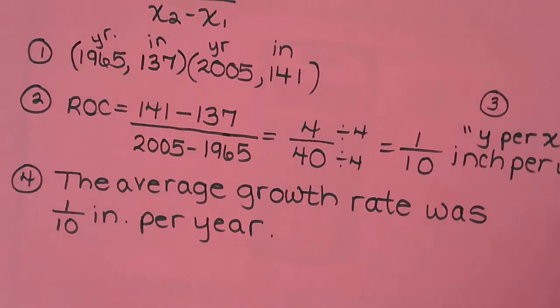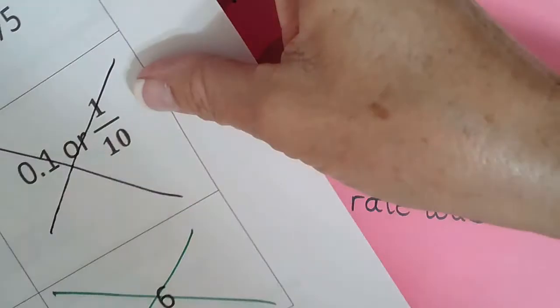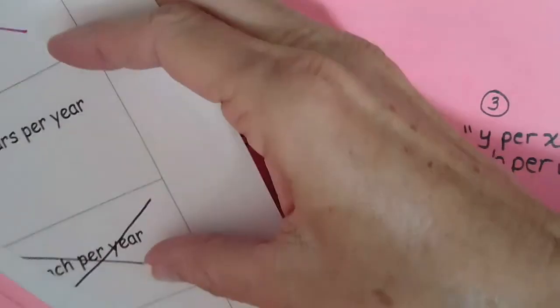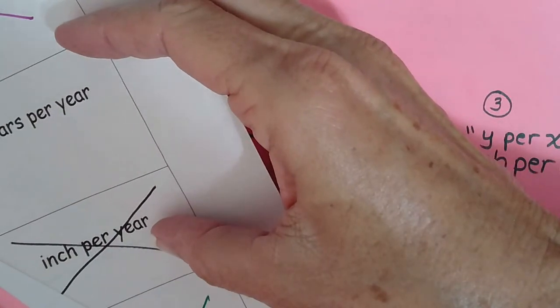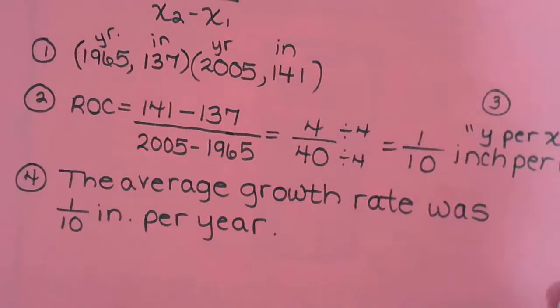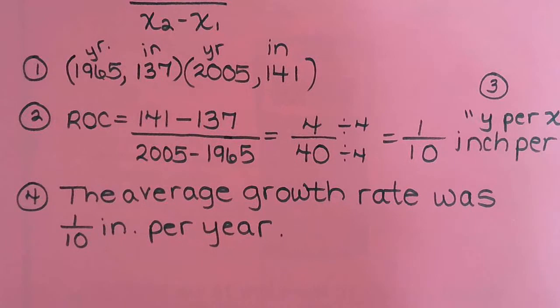And then you can go to the page behind this and cross out 1/10. And then you can go to the page behind that and cross out inch per year. So each time you find something, cross it out, and then you'll be able to check your work as you do it.